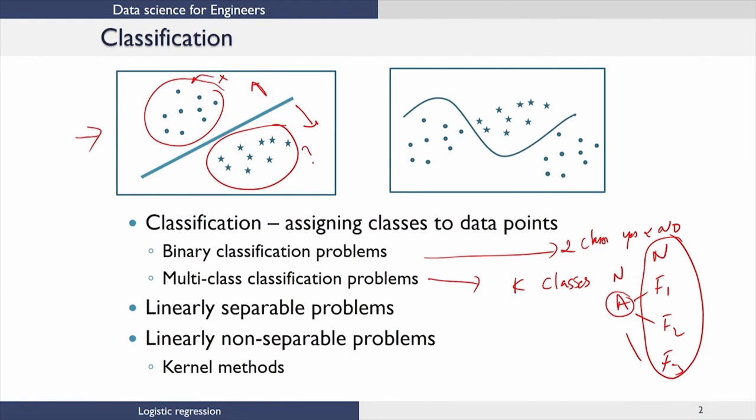However, I also have a picture on the right hand side. This also turns out to be a binary classification problem. However, if you look at this data, both of these belong to class 1 and this data belongs to class 2.